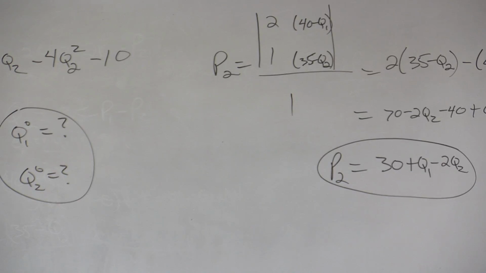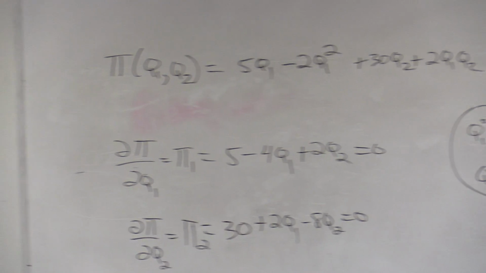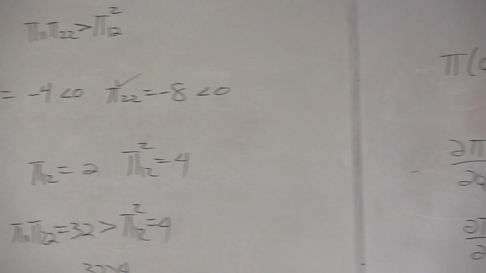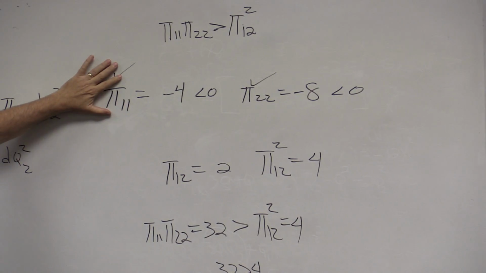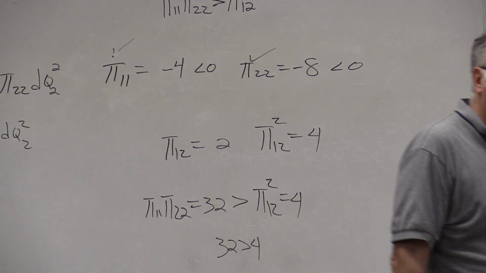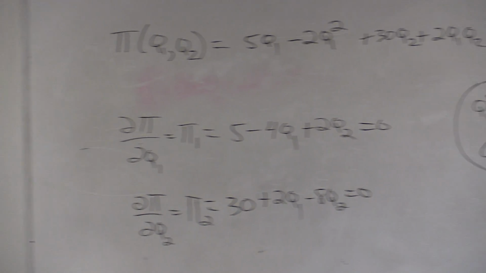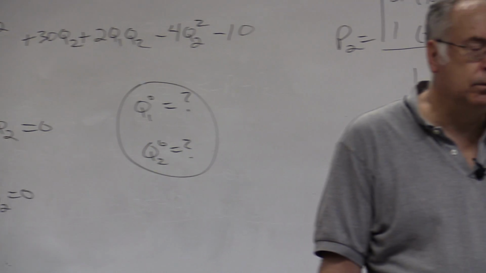So basically what you're doing is you're doing the same thing. You're checking these second order conditions. Only now these second order conditions that you derived before have to hold everywhere, at all points on the function, not just at the critical values of, say, Q1 and Q2, but everywhere.